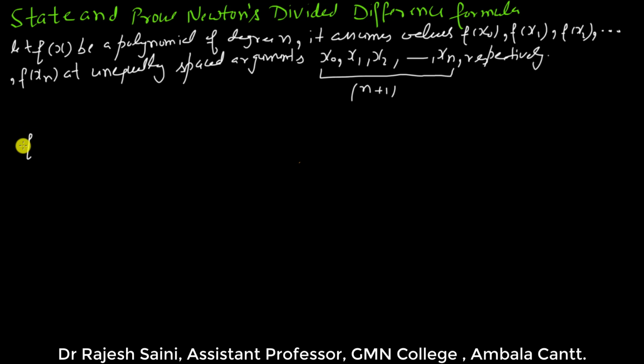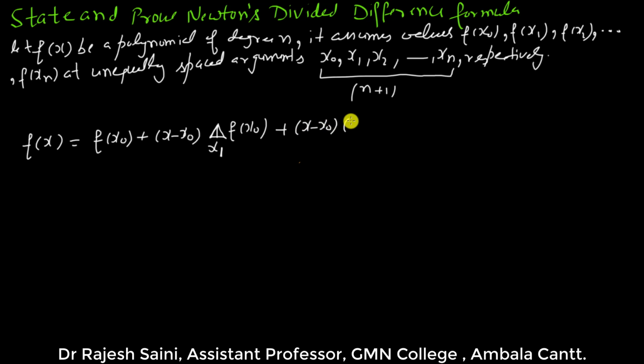It states that the value of the function is given by f(x0), plus (x minus x0) times the first order divided difference f(x0), and below this you will write x1, plus (x minus x0)(x minus x1) times the second order divided difference, you will write square f(x0), and below you will write x1, x2.